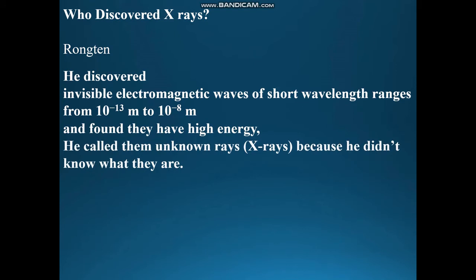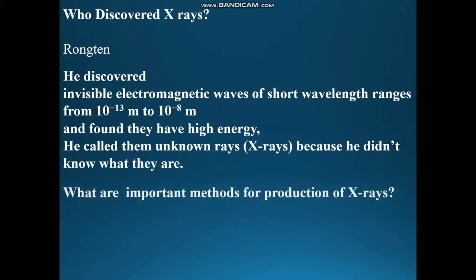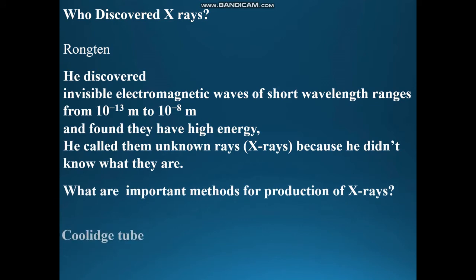He called them unknown rays. That is why they are called X-rays, because he didn't know what they were. What are the important methods for production of X-rays? Well, they are produced in an apparatus known as the Coolidge tube.